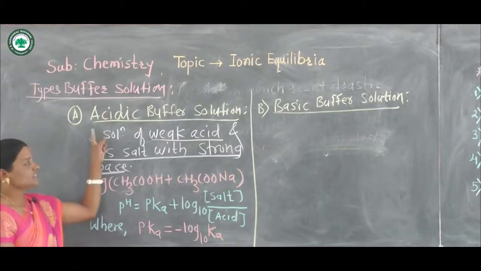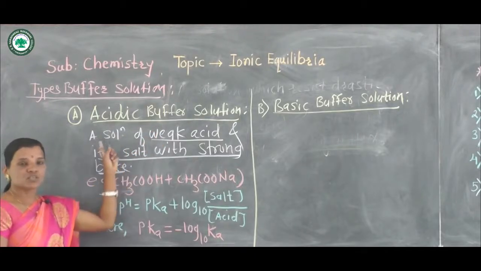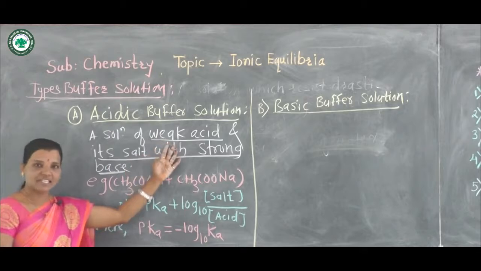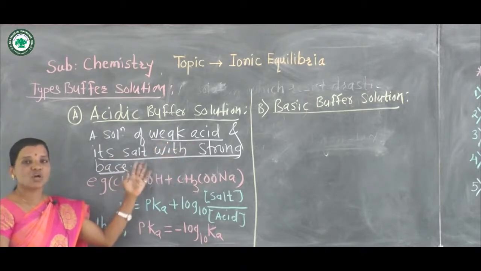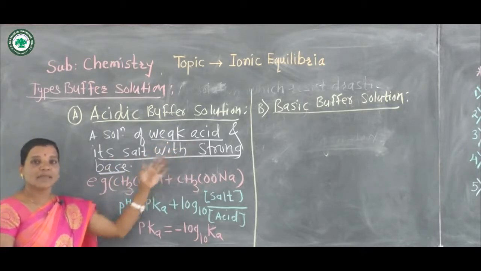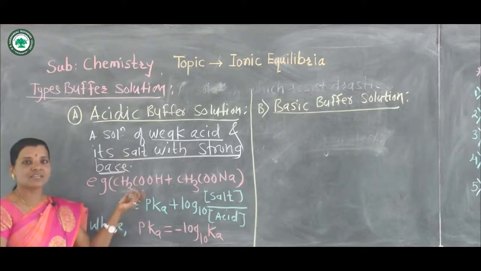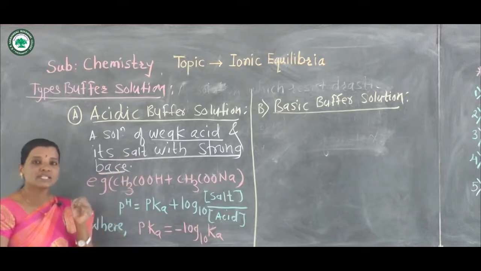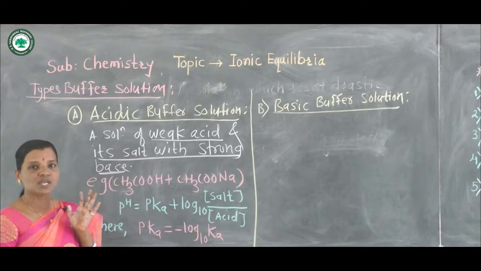Here acidic buffer solution, a solution of weak acid and its salt with strong base, that is called as acidic buffer solution. And what is the property of acidic buffer solution?